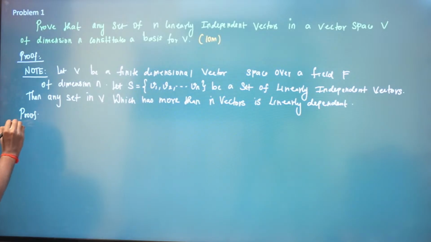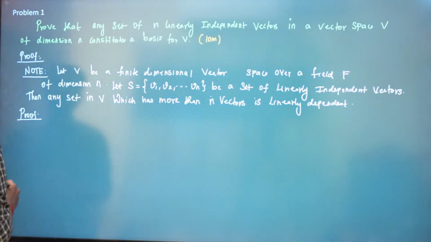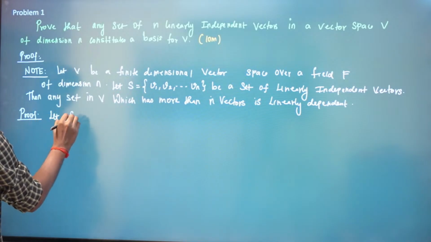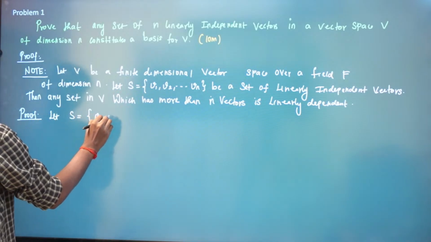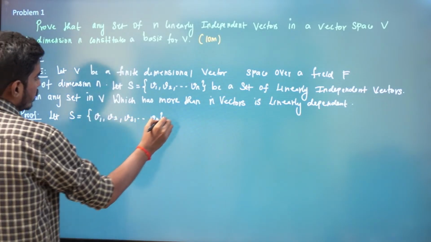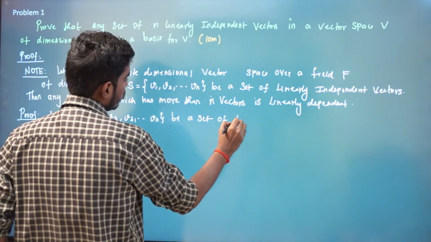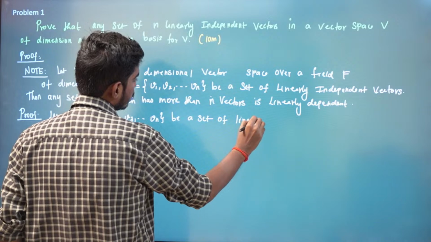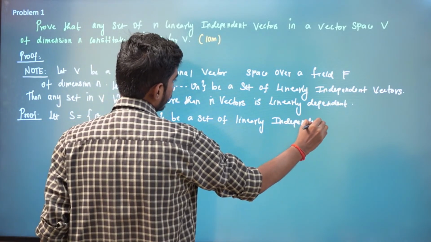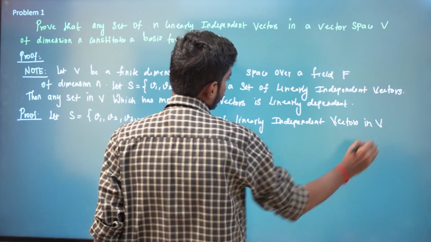Proof. Prove that any set of n linearly independent vectors of dimension n constitutes a basis for V. So let S = {v1, v2, v3, and so on up to vn} be a set of linearly independent vectors in V, right?